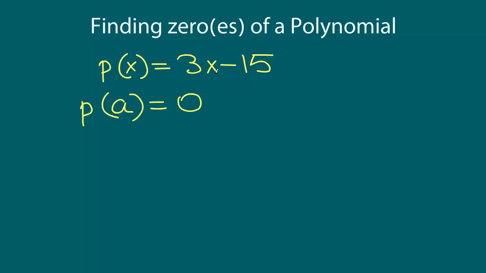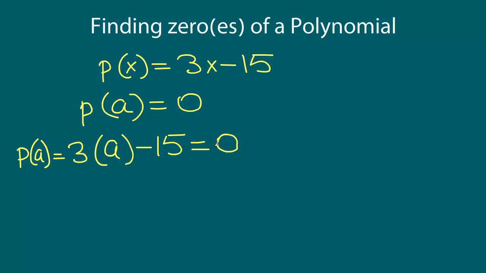So for example, here instead of x we will put a: 3a minus 15. This is P(a), and this must be equal to 0, right? So if we just solve here, we will get 3a minus 15 equal to 0.